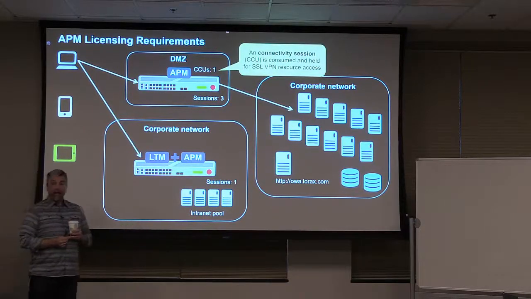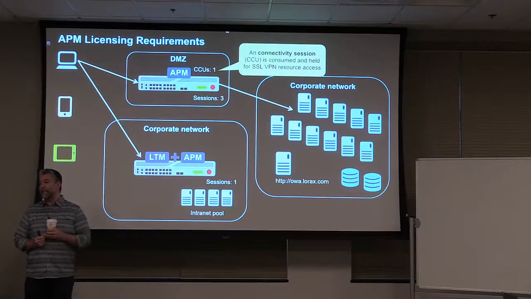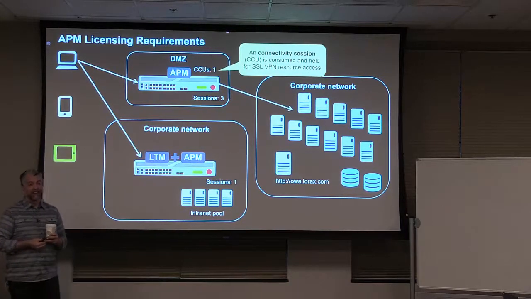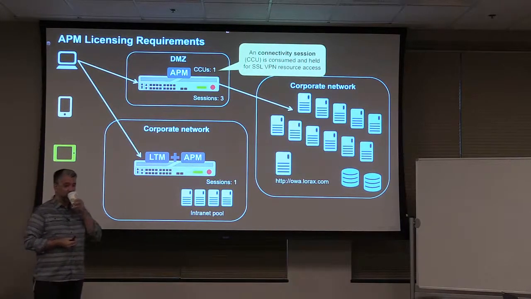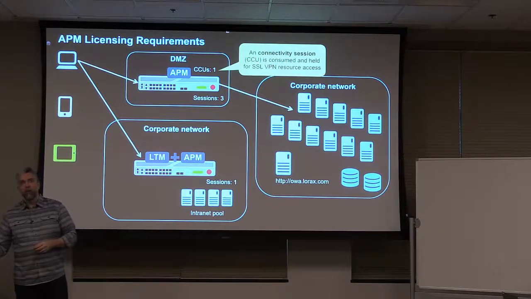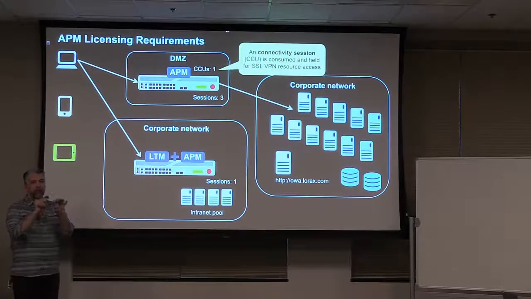Then we have a second kind of session called a connectivity session, or a CCU, concurrent connection user. I don't know what CCU stands for. I always forget. So if he tries to do two connections from the same device, what does that look like for the second connection?